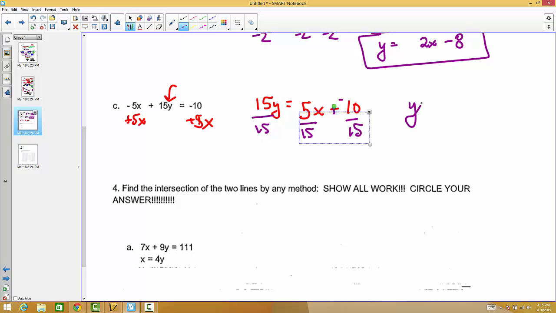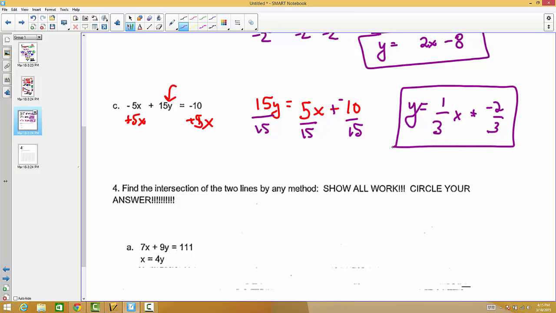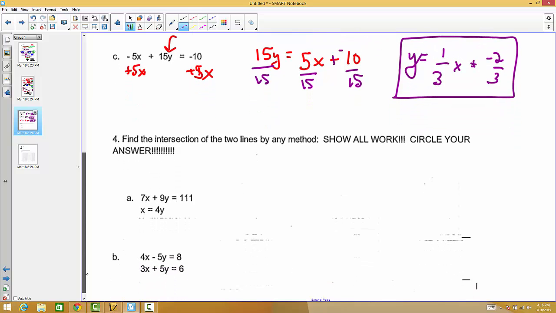So y equals 5 over 15 is the same thing as 1/3, and 10 over 15 is the same as 2/3, and it is negative. So since these are repeating decimals, you should try to leave it in a fraction form.